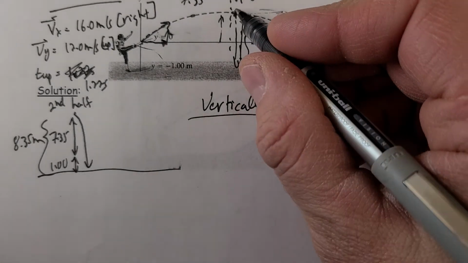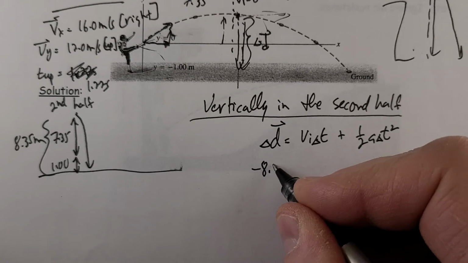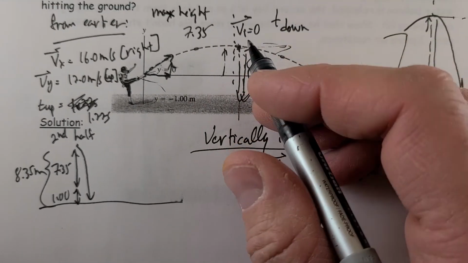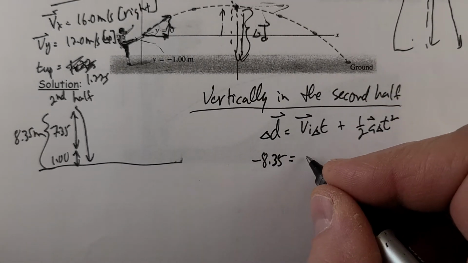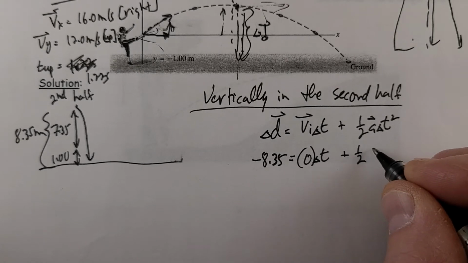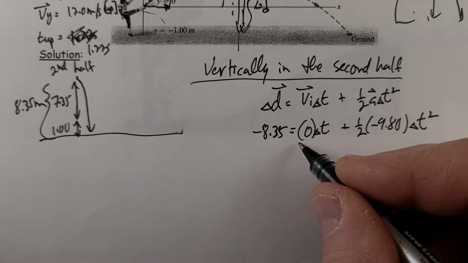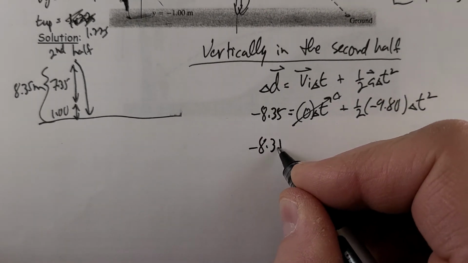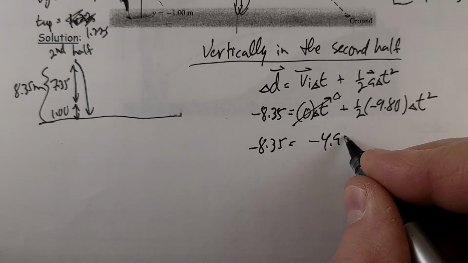Now, since we'll be falling downwards through a vertical height, we have to label this as -8.35. My Vi, I'm going to analyze this as if I had just simply dropped it. So it's going to be 0 plus 1/2 of -9.8 times delta t squared. So of course this part's going to be 0. So -8.35, a half of -9.8, -4.90.